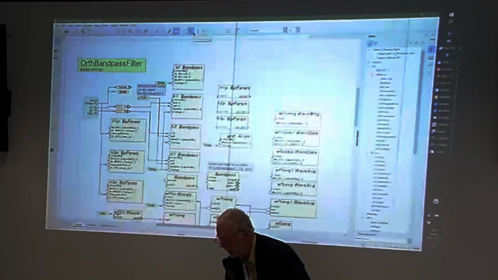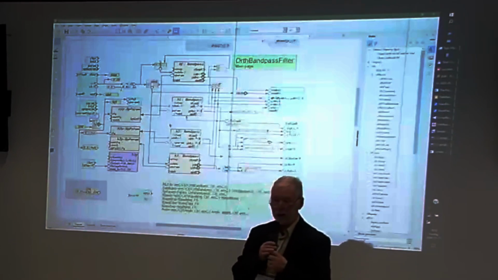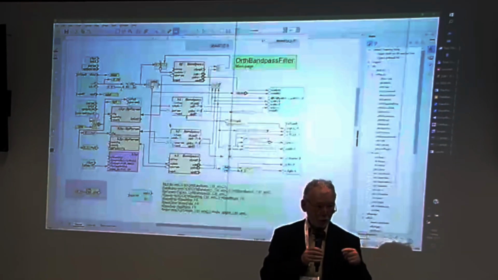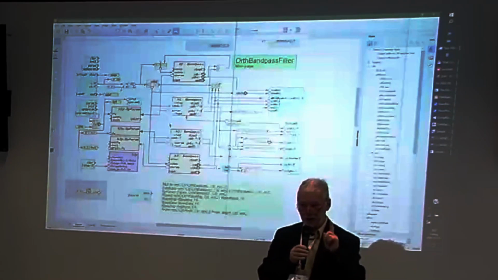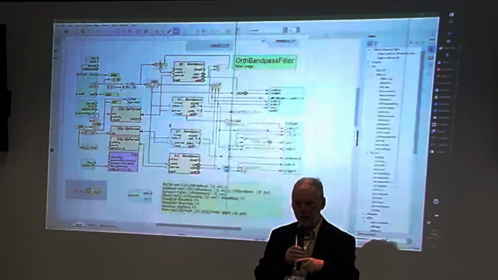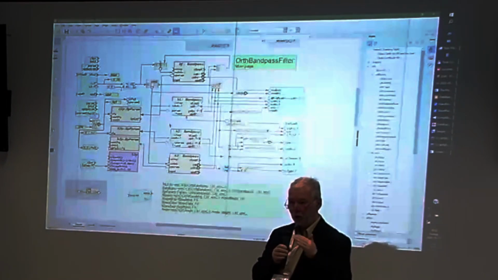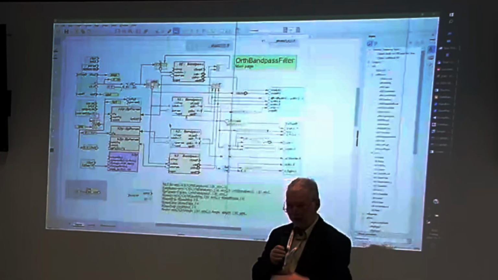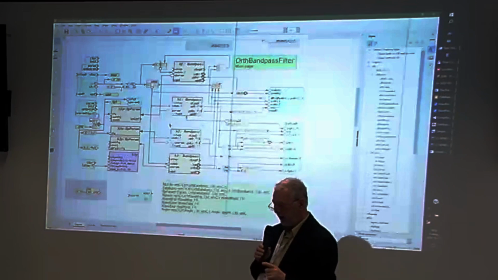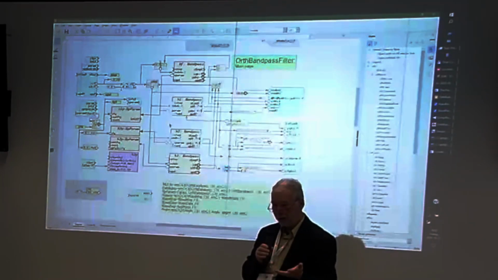In Simulink, the order of execution of the function blocks is the data flow. If you program line per line in a textual language, the order of execution is the line order. Yeah? If you have a graphic, you have no order.